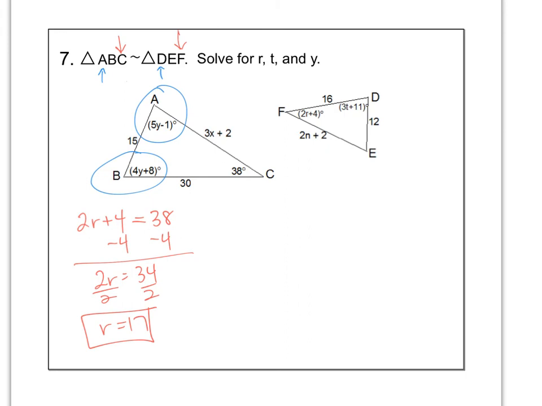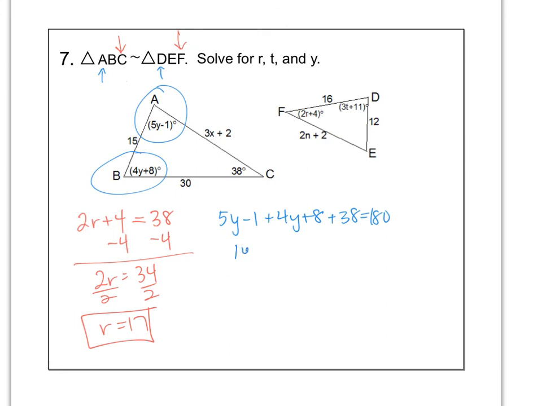And I got to thinking about the big triangle ABC. I know something about the three corners. The three angles in every triangle add up to 180. So what if I just did 5y minus 1 plus 4y plus 8 plus 38 equals 180? Yeah, I can do that.